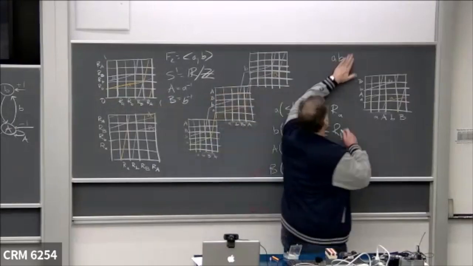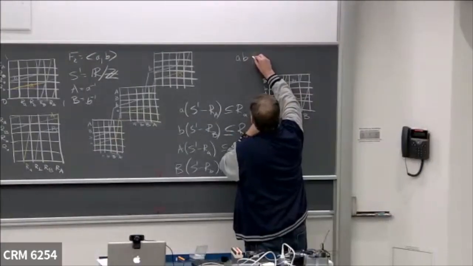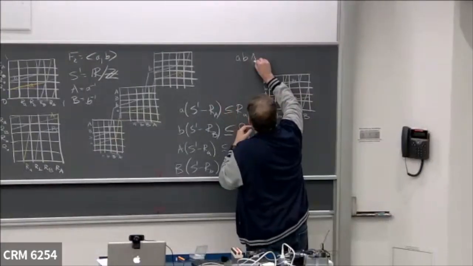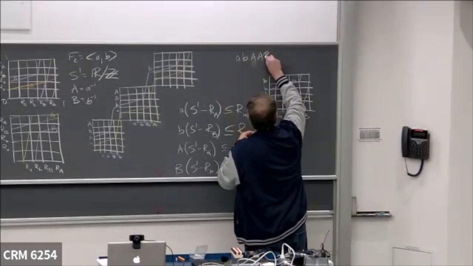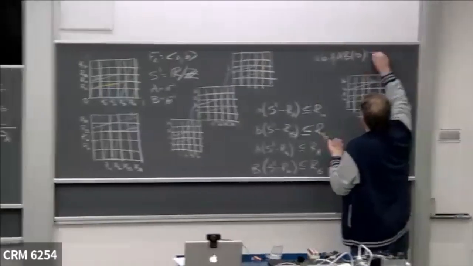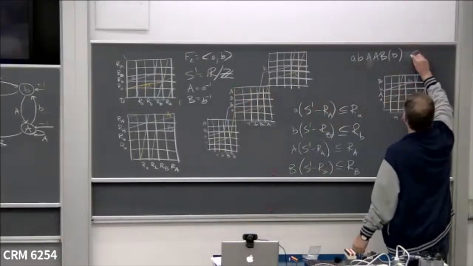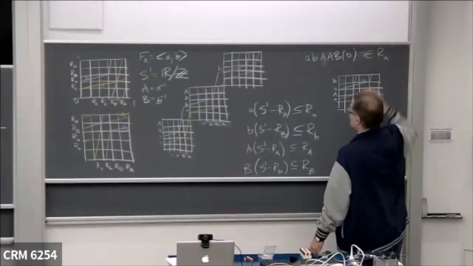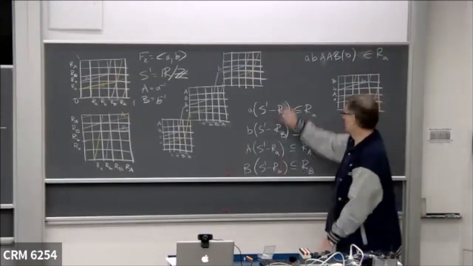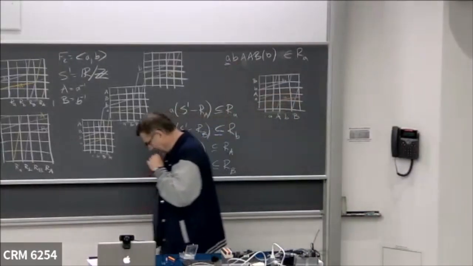So if I apply something like A, B, whatever, to say 0, and I keep track of where I'm landing, well, I don't know exactly where I land, but I'm sure I will land in the region little a. So that letter tells me where I land at the end.